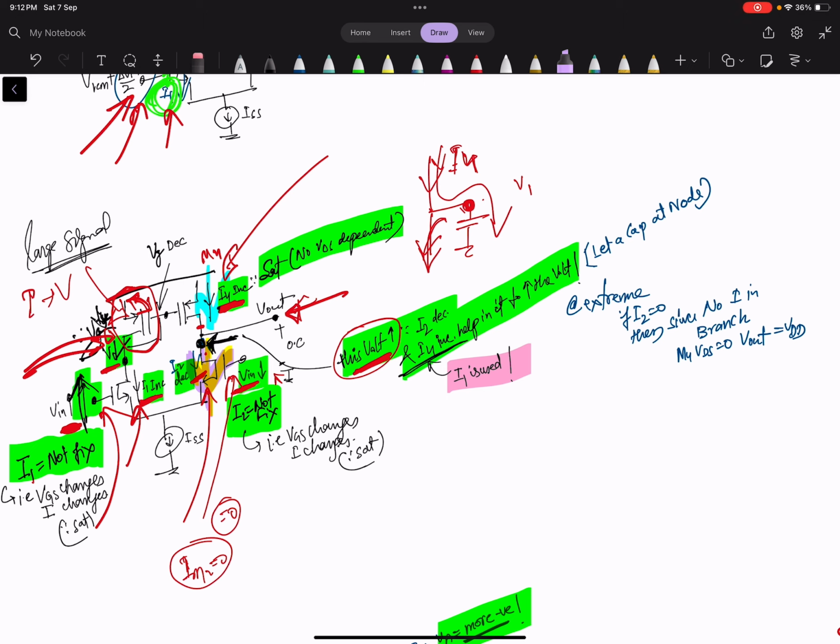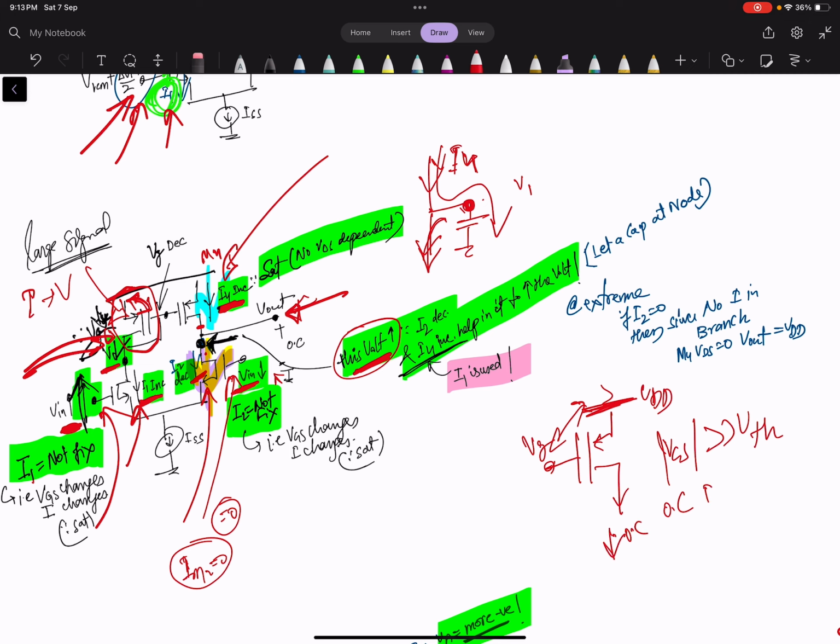So if you know the basic concept of MOSFET, whatever the VG voltage, VGS is high, mod of VGS is much greater than VTH, but because of no current here, open circuit, I is equal to 0.